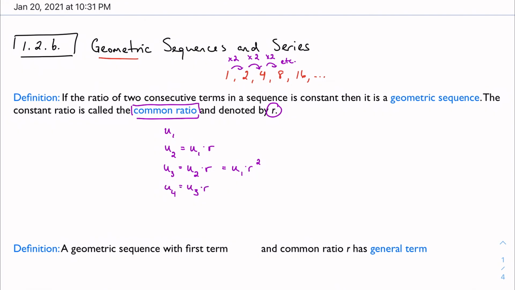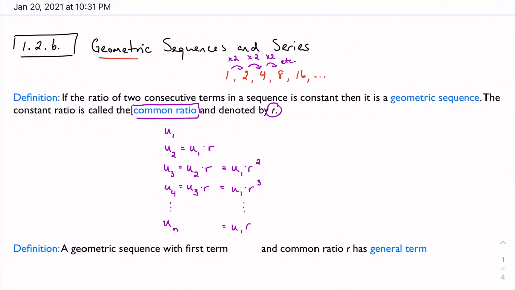I can either multiply the previous term by r, or I can start at my first term and multiply by r 3 times. So if we want to speak in general then, my nth term, term number whatever I want, I can take my first term and multiply by r how many times?